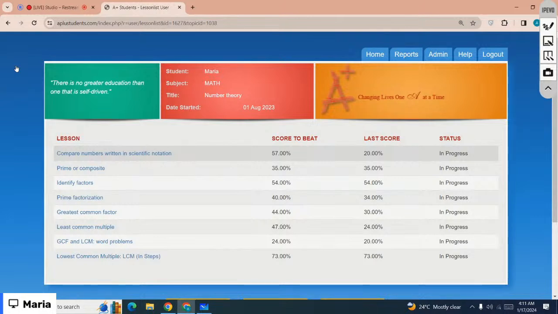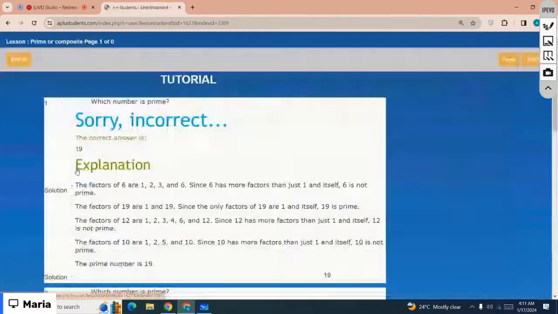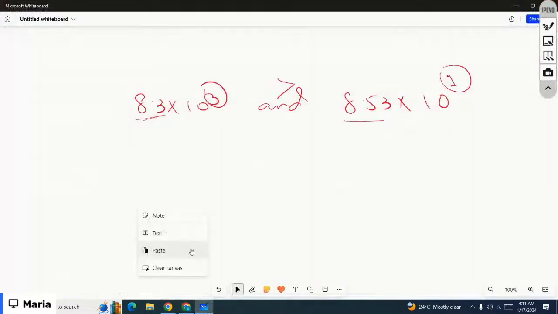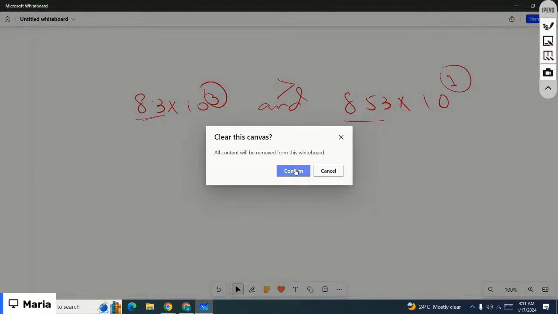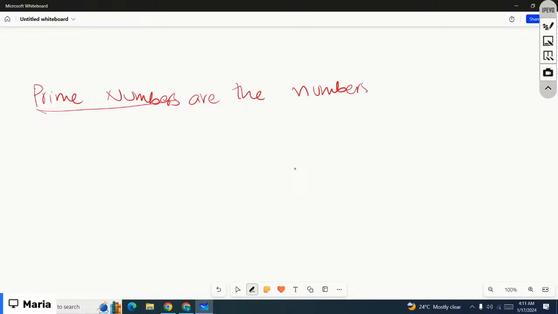The next lesson is prime or composite. So, what do you know about prime or composite numbers? You have already covered these lessons in earlier grades. Prime numbers are the numbers that have only two factors.